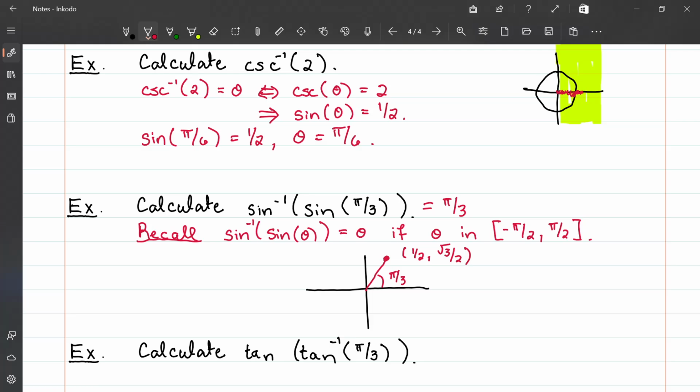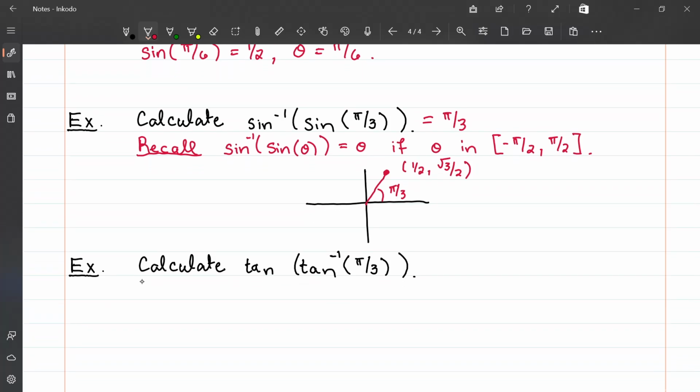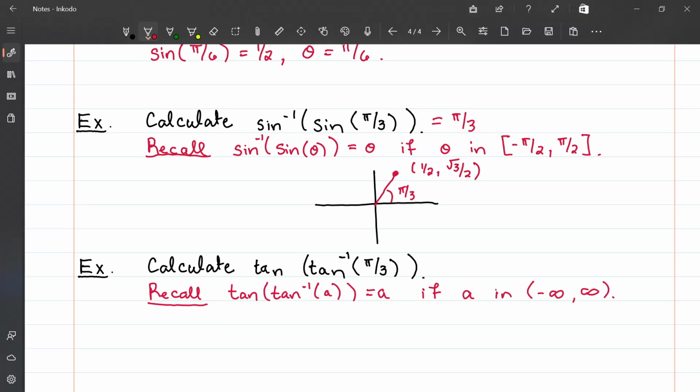Our next example: calculate tangent of tangent inverse, tangent of arctangent of pi over 3. Once again, there's something important to recall, so I'll put that here. Remember, from page 2, when I take tangent of arctangent of A, we get A again, as long as A belongs to the domain of arctangent.